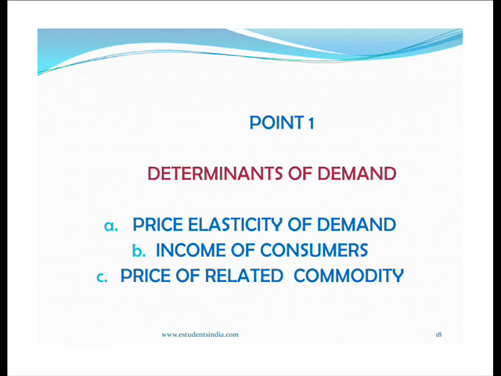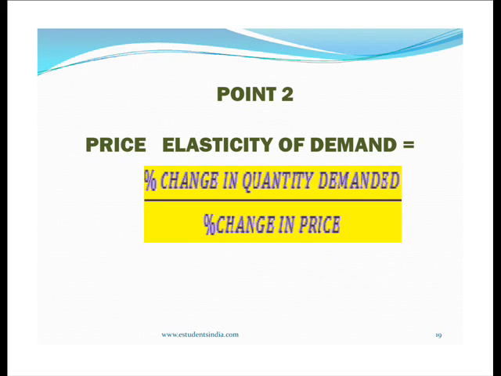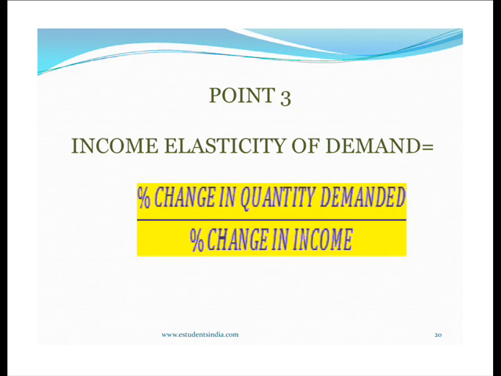Point 1. Determinants of elasticity of demand: A. Price of commodity. B. Income of consumers. C. Price of related commodity. Point 2. Price elasticity of demand is equal to percentage change in quantity demanded divided by percentage change in price.